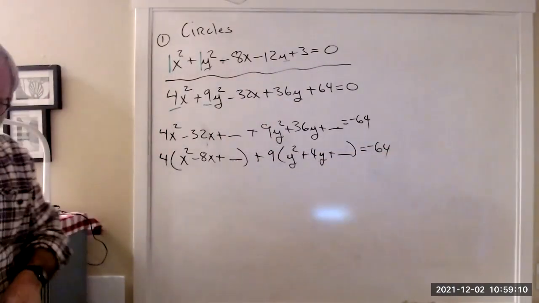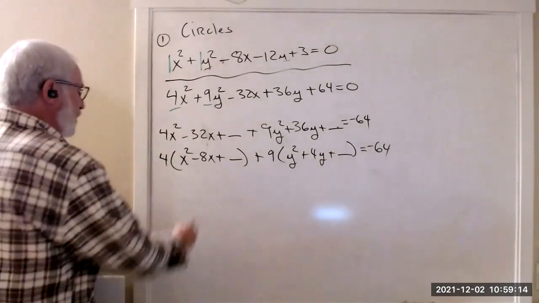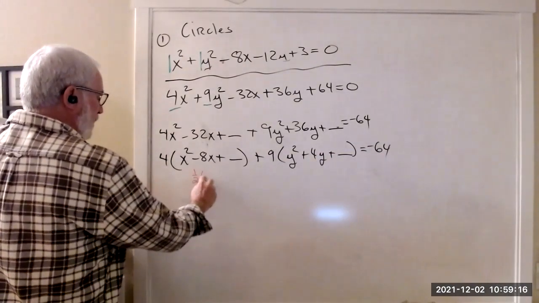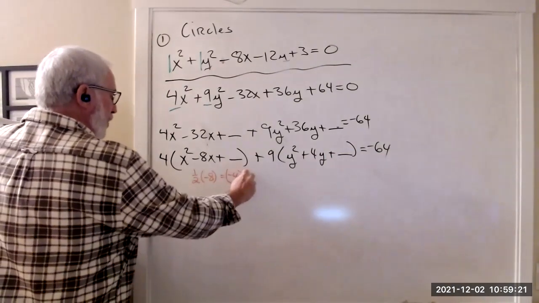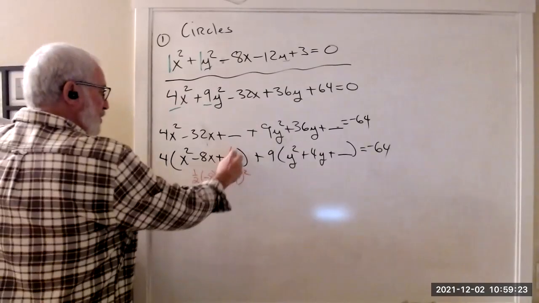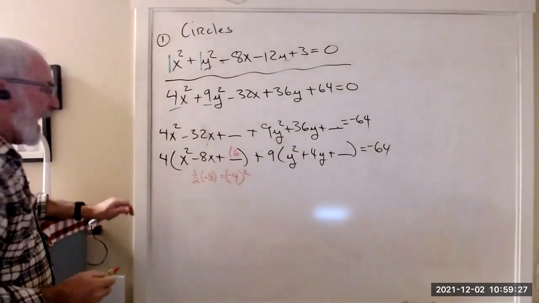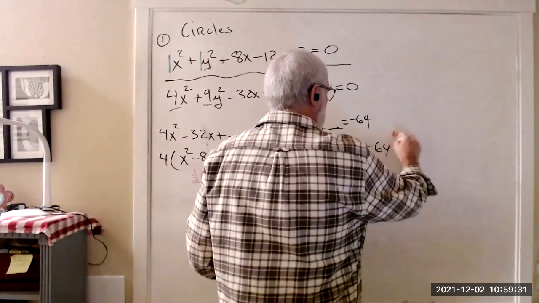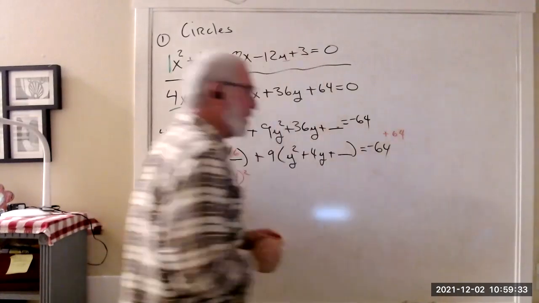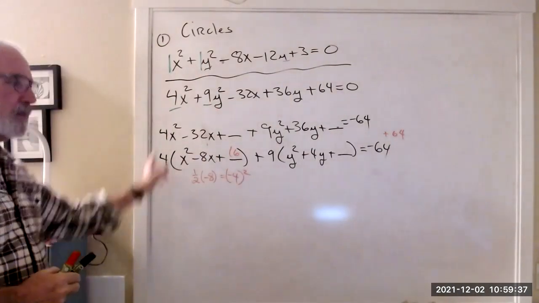Now we can complete the square on the x's. Half times negative 8 is negative 4, but we square it and we get a 16. But we add 64 over here because the 16 is being multiplied by this 4.